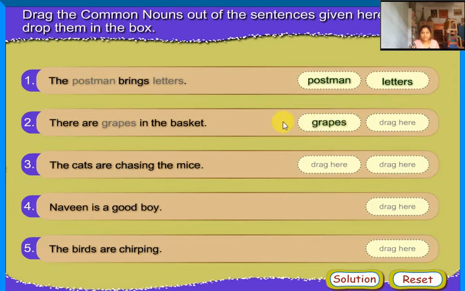Grapes, basket. The cats are chasing the mice. Cats, mice. Naveen is a good boy. Boy. The birds are chirping. Birds.